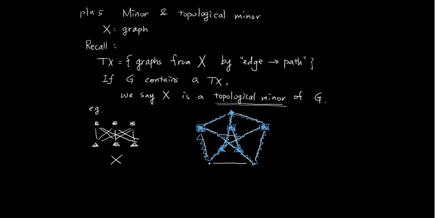Okay, it's getting messier, but I think you know what I meant because we did that last time. So when this case happens, we say G contains a Tx, and this language is the same as saying X is a topological minor of G.